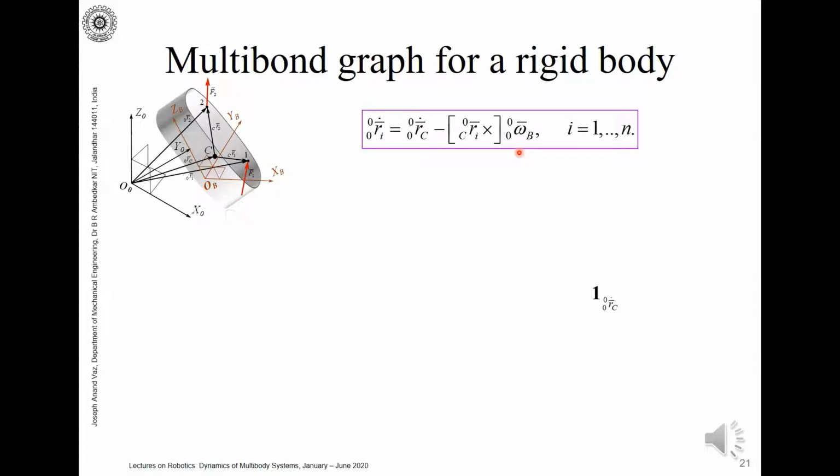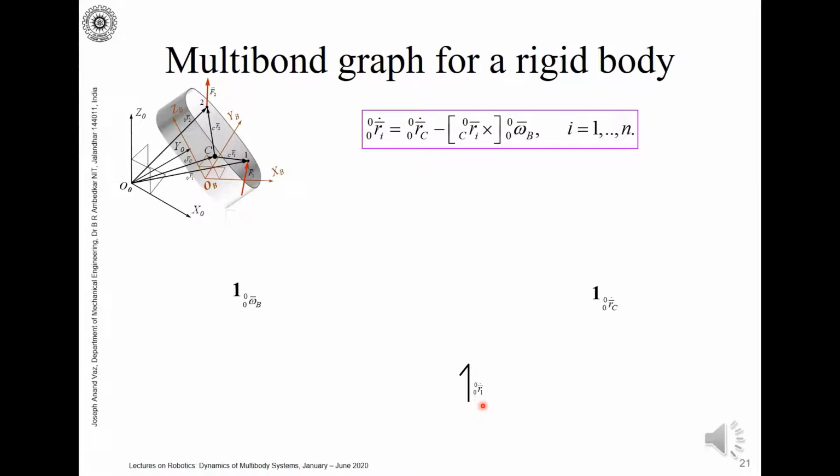Now in this relationship, you have two important quantities. One is the velocity of the center of mass, which is shown here using this one junction. And the second one is the angular velocity of the body. The angular velocity is the rate at which the orientation of the frame B with respect to the frame 0 is changing, and here it's expressed in the frame 0.